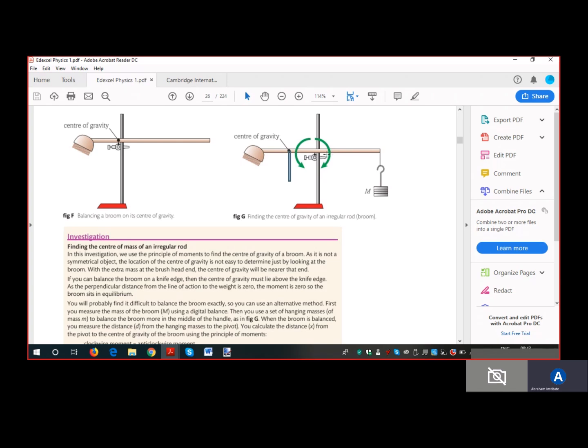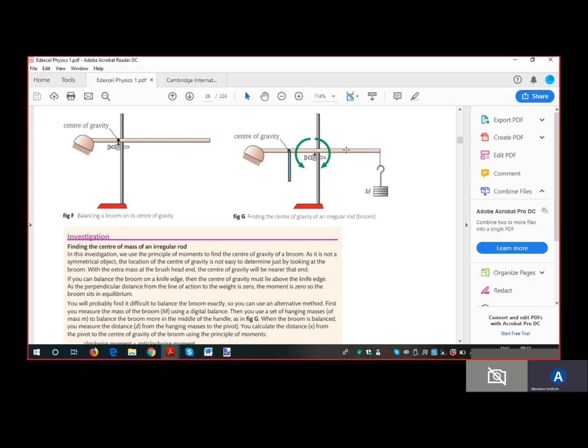So if it is balanced, then you see the tension, or the pulling force down from here, which is acting on the broom, is trying to turn the broom in the clockwise direction. It's trying to rotate it this way, about this point. The weight of the broom is trying to rotate it this way.